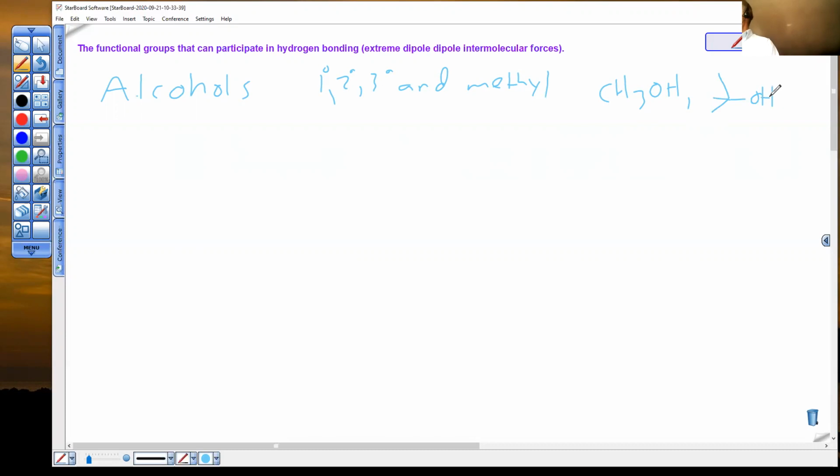There's examples here. We have carboxylic acids. So 5 functional groups: 4 alcohols and carboxylic acids.